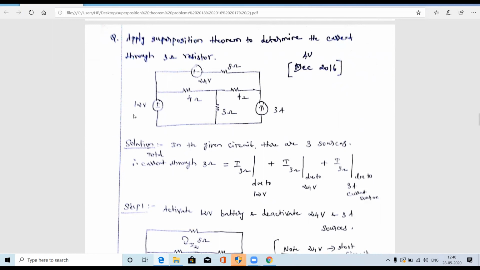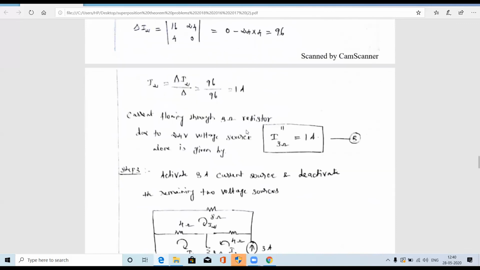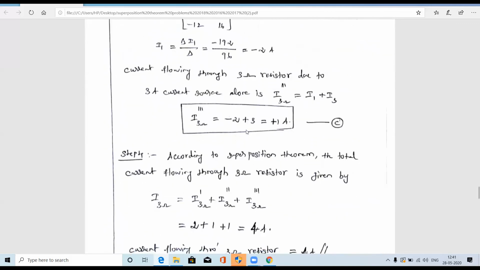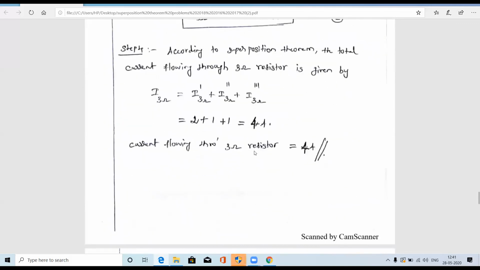In step number 1, due to this battery, the current flowing through the 3 ohm resistor we calculated is I dash. In the second step, due to this 20 volt battery, we calculated the current flowing through the 3 ohm resistor. In the third one, due to this 3 amps current source only, we calculated the current flowing through the 3 ohm resistor. Finally, we added the 3 values and we get the total answer as 4 amps. This is the total current flowing through the 3 ohm resistor due to the 3 sources.